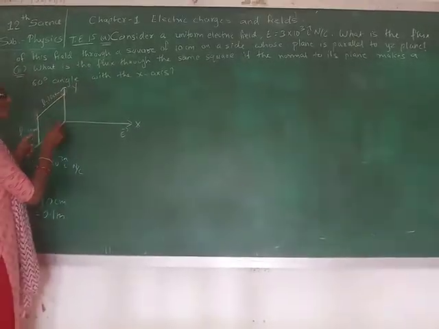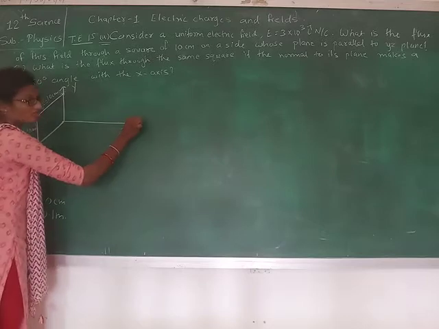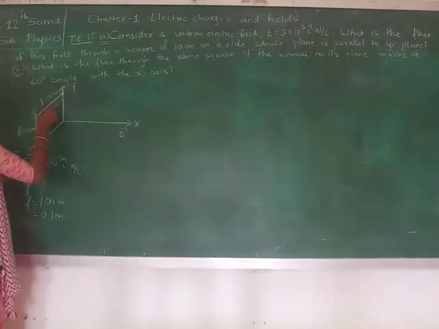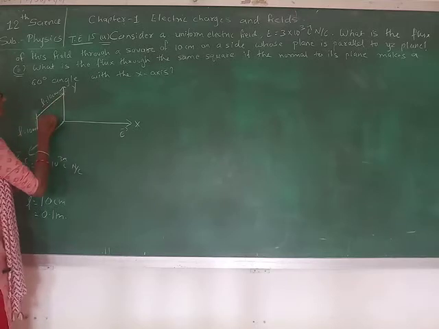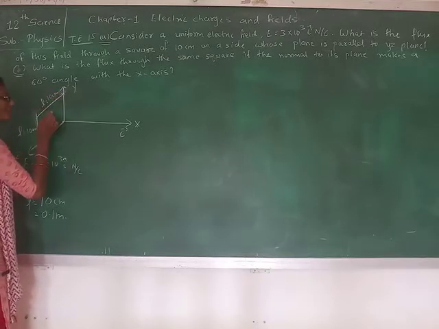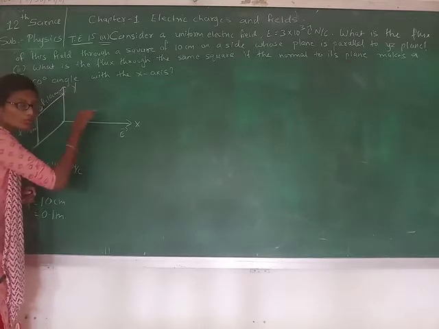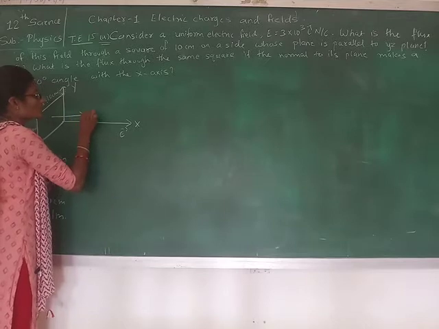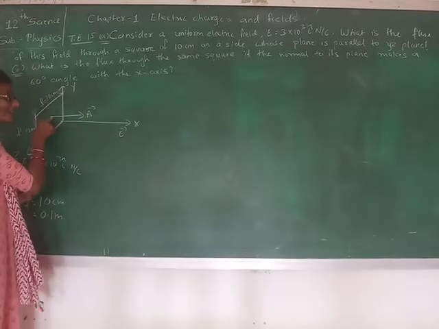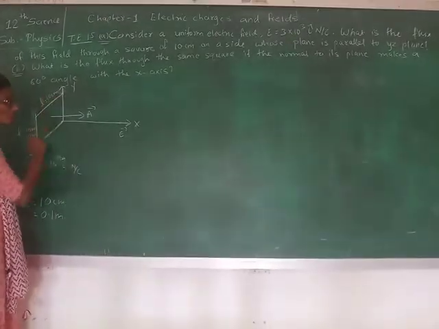You can see here the electric field is along the x-axis and the square is in the YZ plane. The area vector, which is normal to the YZ plane, will also be along the x-axis.